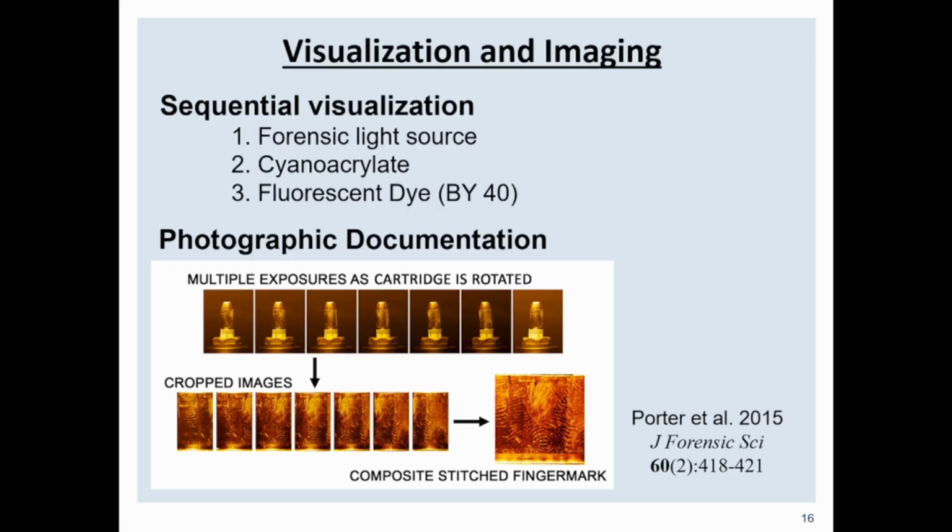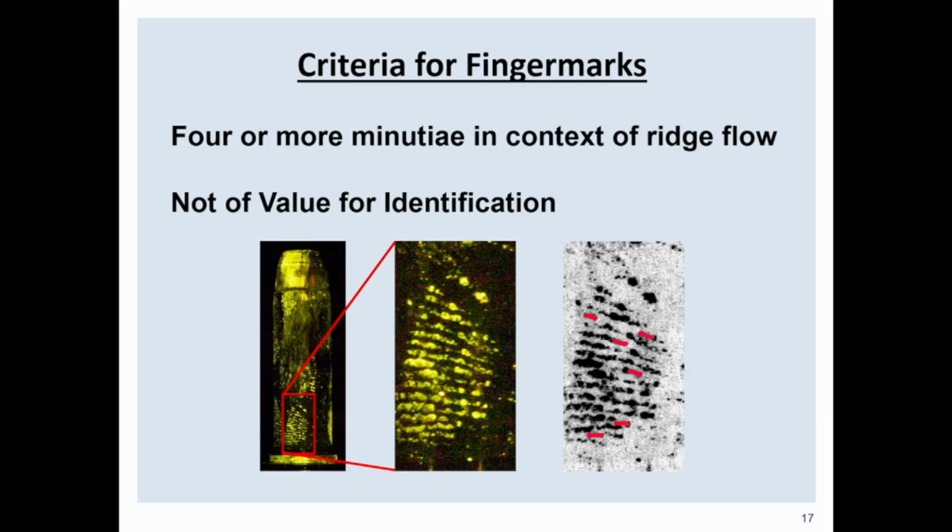There are more modern methods to do this type of photography, but they're expensive. Our criteria for the finger marks: any marks with 4 or more minutiae in the context of the ridge flow were retained in the study. In prior work that's been done on ammunition, if an expert didn't judge it as identifiable, it wouldn't have been recorded.